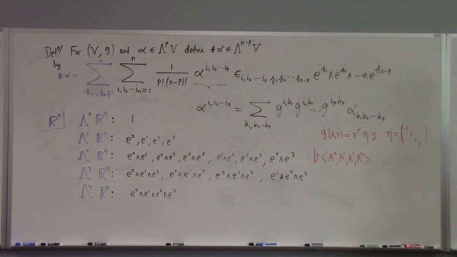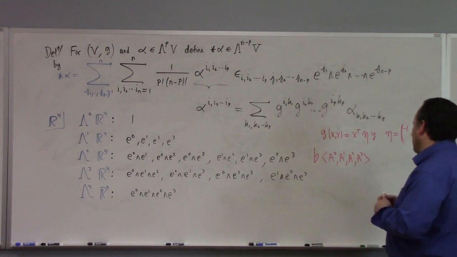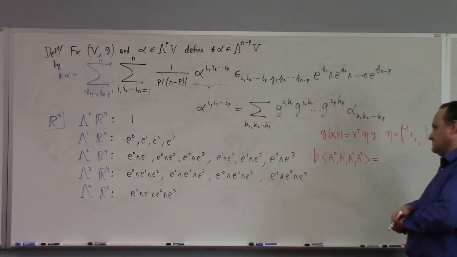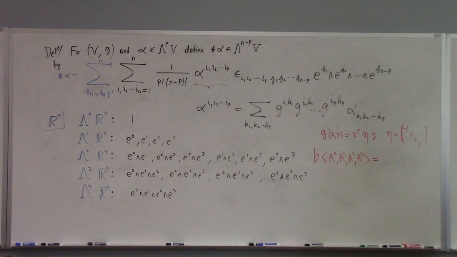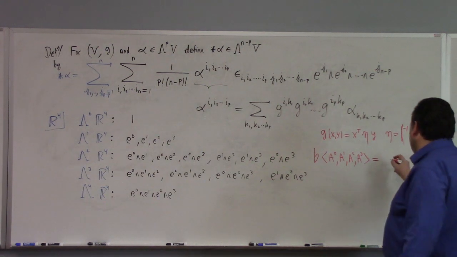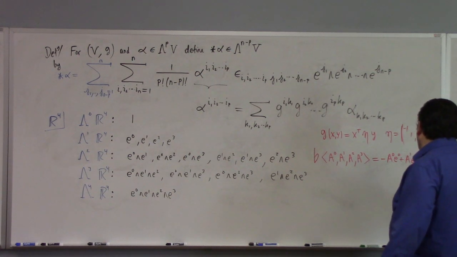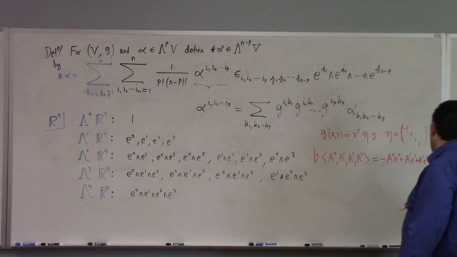Or if you like, do you want me to use the basis notation instead? I could do that. So what is this equal to? I'll just tell you what it is. It ends up being minus A upper 0 e upper 0, plus A upper 1 e1, plus A upper 2 e2, plus A upper 3 e3.